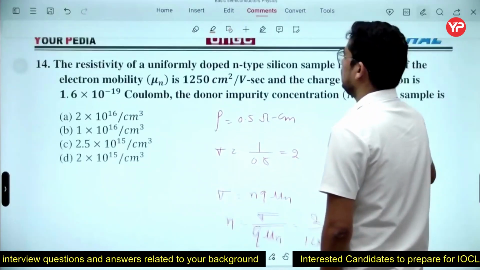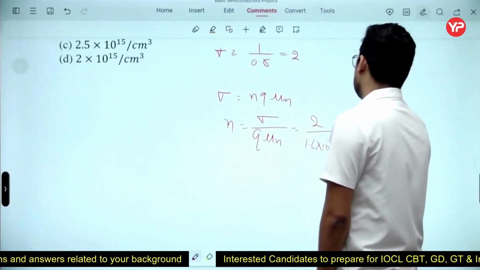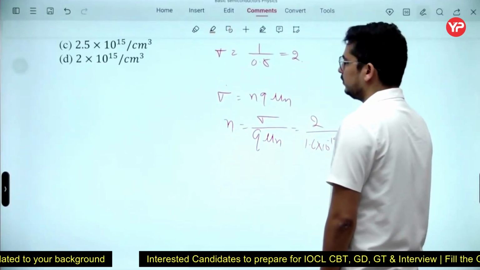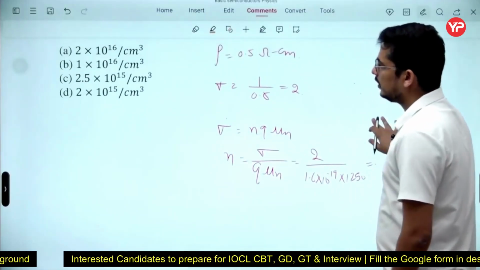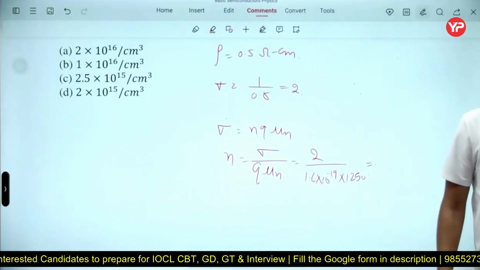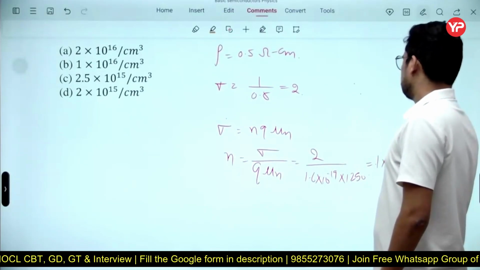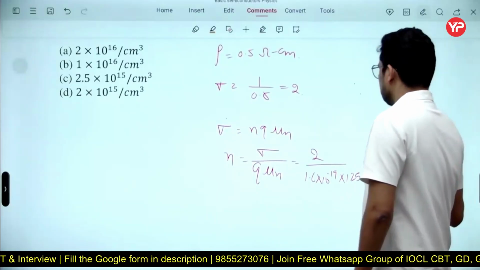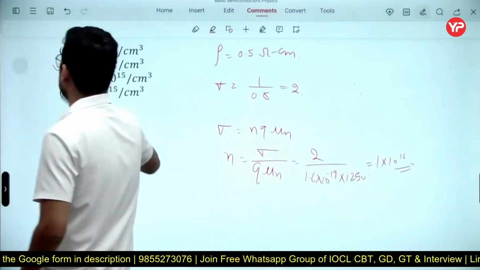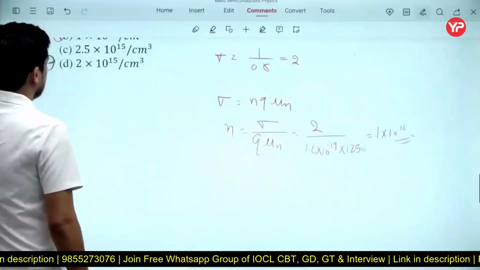Is that given to you? Yes, 1250. So if I solve, what we get is 1 into 10 raised to power 16 per centimeter cube. B is the correct answer for this one.